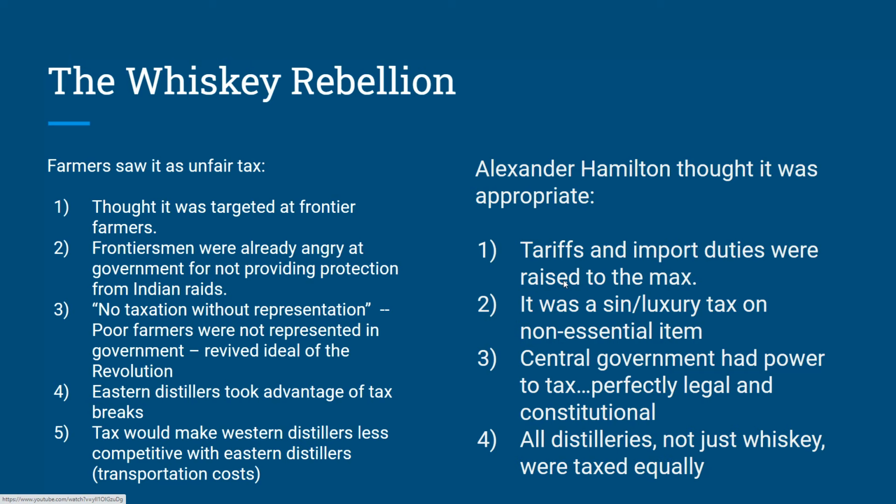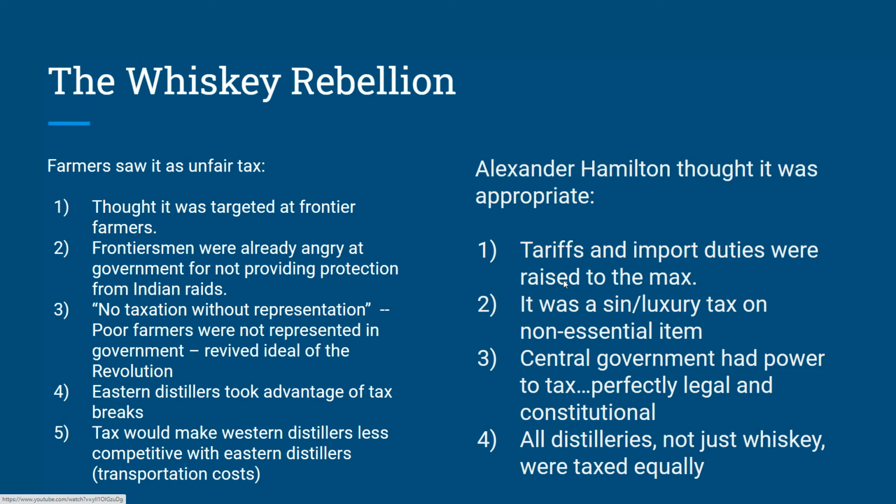They felt like poor farmers really weren't represented in government. So you can't really tax us because we really don't have a voice. They also opposed the whiskey tax because they felt that distillers in the East took advantage of tax breaks, which is not true, but that's what they thought. The tax, of course, would make Western distillers less competitive with Eastern distillers.